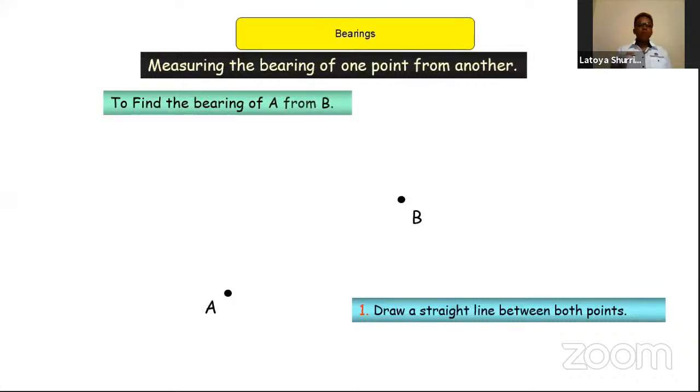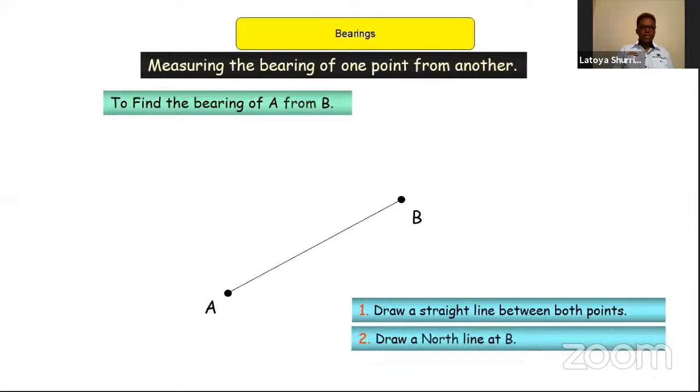After we have drawn the line segment, what's the next step? North line. Yes, Deandra. Where am I putting that north line? At B, because B is our starting point. Can I get an estimate for this bearing from B to A? Give me a quick estimate.